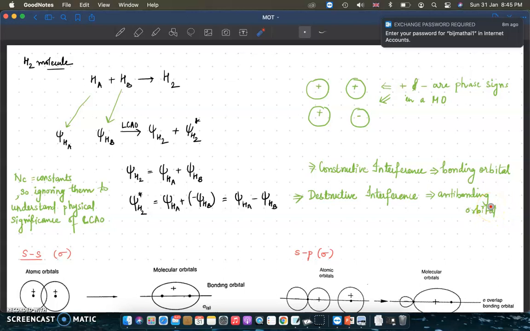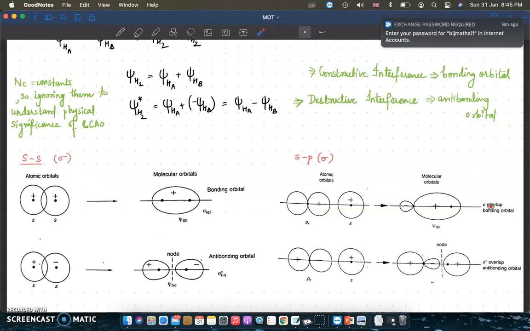Let us try to understand this figuratively. In the case of the hydrogen atom, it is the overlap of two 1s orbitals. Here you can see we have an in-phase overlap because both of them have a positive sign. This overlapping is a phenomenon that we define in the valence bond theory.